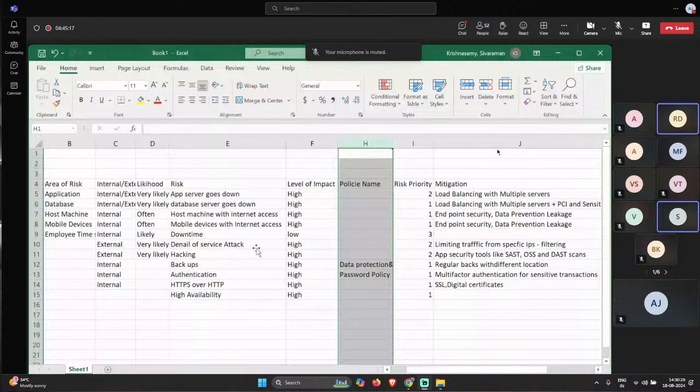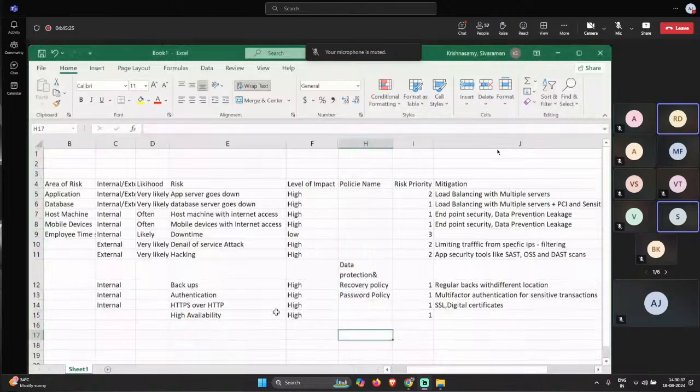Limiting traffic from specific IPs, filtering. What policy is it, network or access? Limiting traffic, network policy. But when you talk about network, that's the outer layer. When you talk internally, what is the policy? Is it an access restriction that you are implementing?